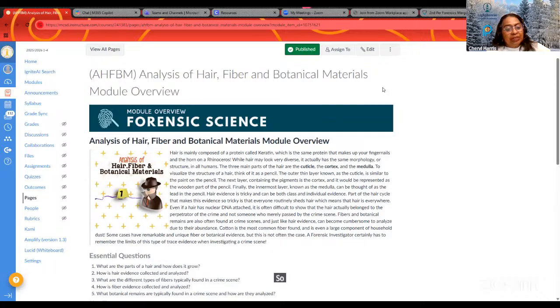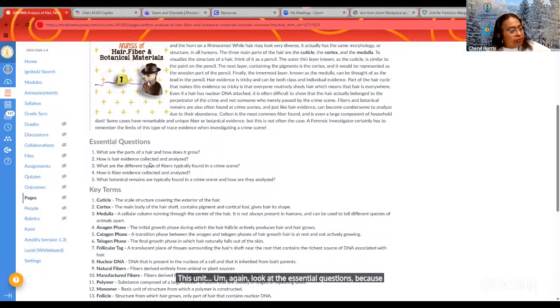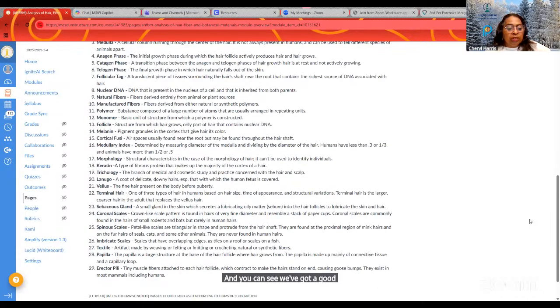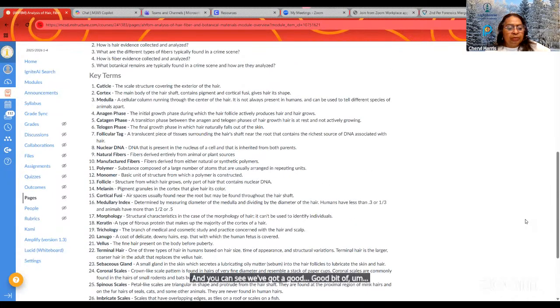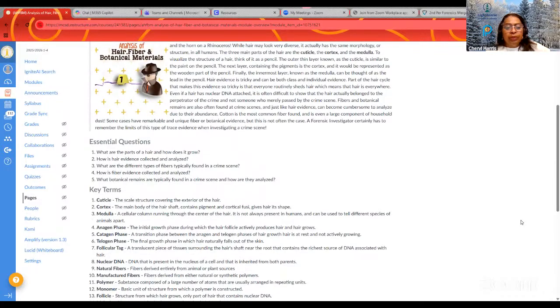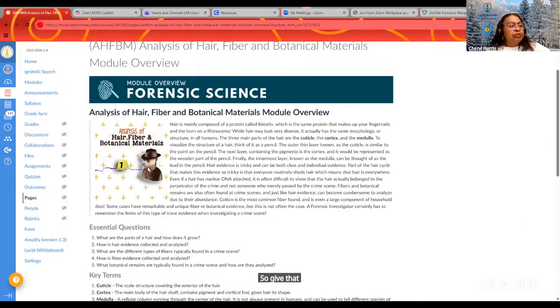So that's three different topics that we're going to look at in this unit. Again, look at the essential questions because I always make the test from the essential questions. And you can see we've got a good bit of vocabulary with this. So give that first page a read. We've got two-thirds of the class here.